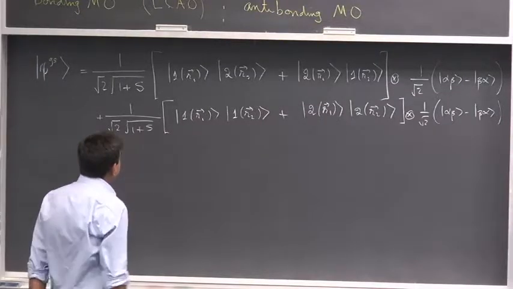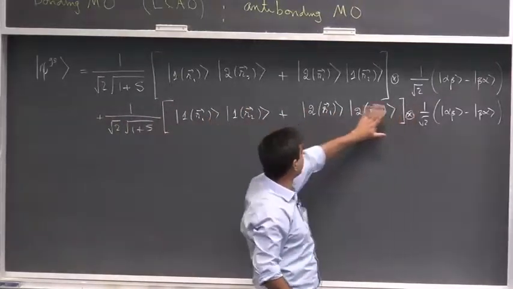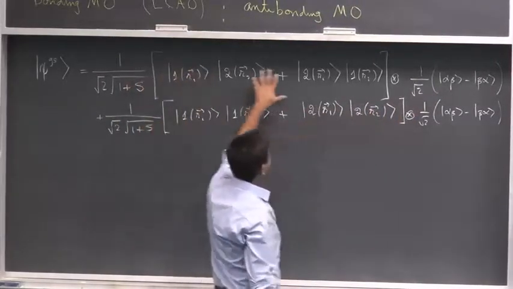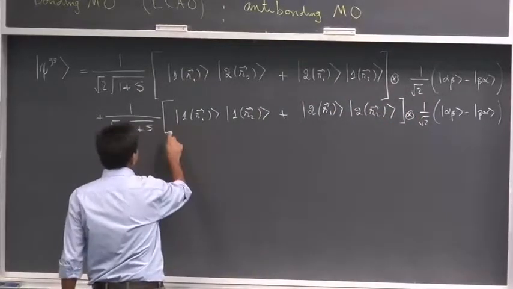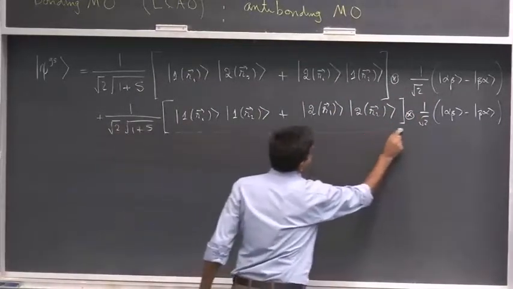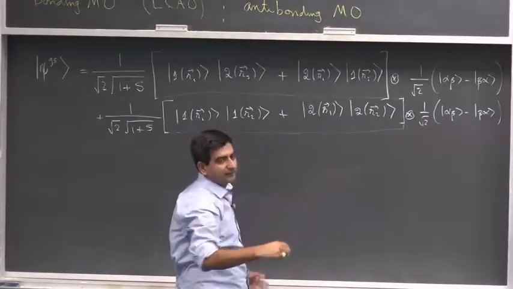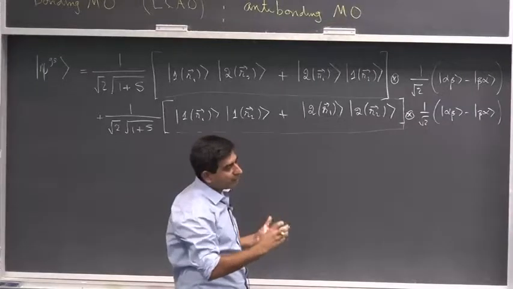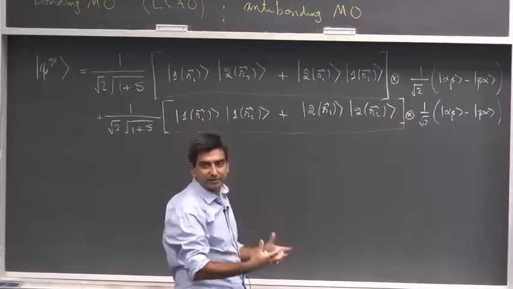Now look at this second term over here. This is the second term. This is the first term. We don't need to consider the spin state for a minute. Look at this second term over here. I've just done algebra and I've used the symmetry of the state to identify terms that are equal to one another.